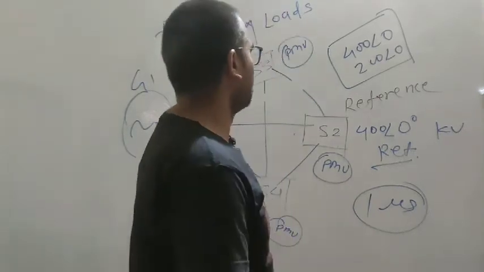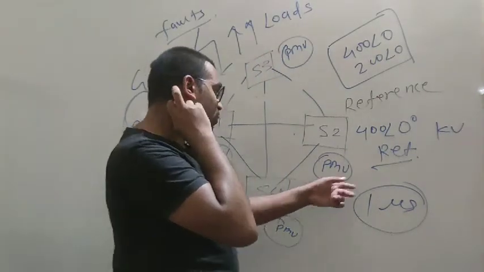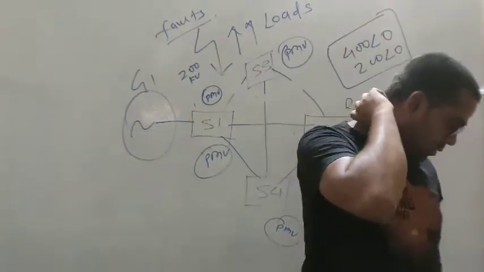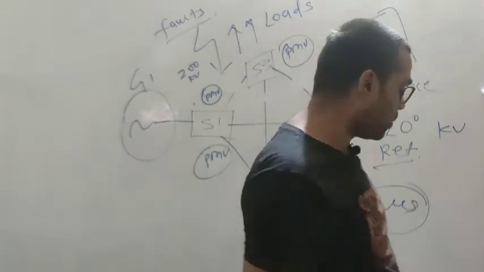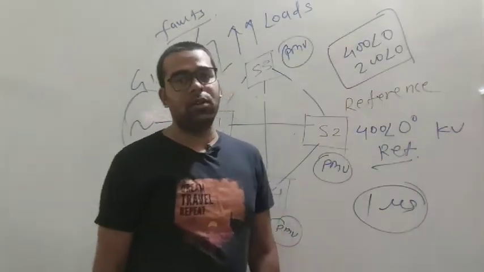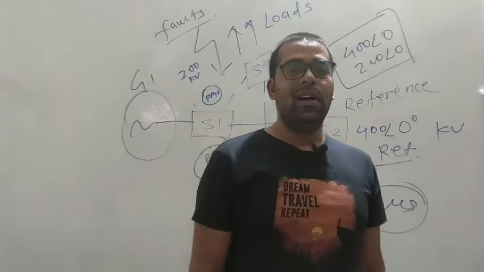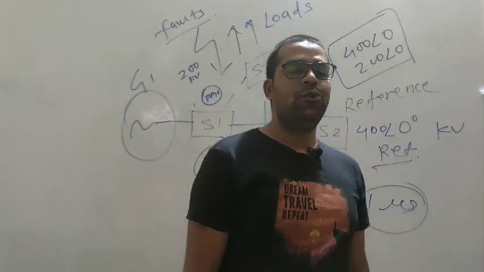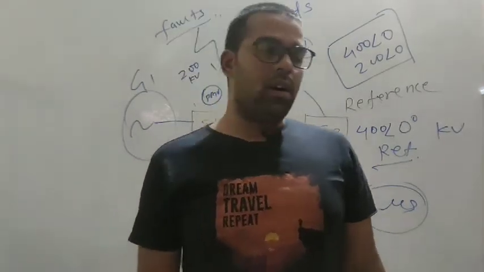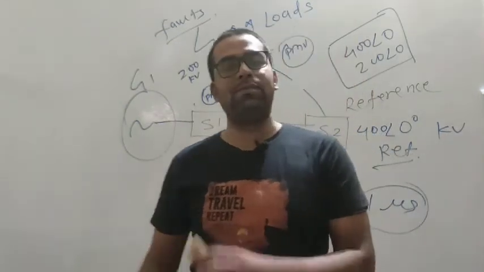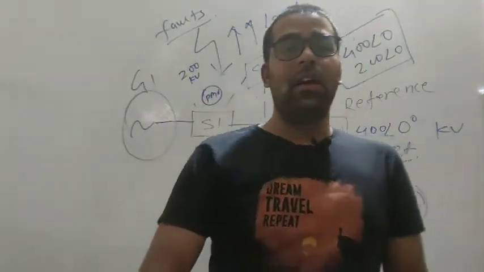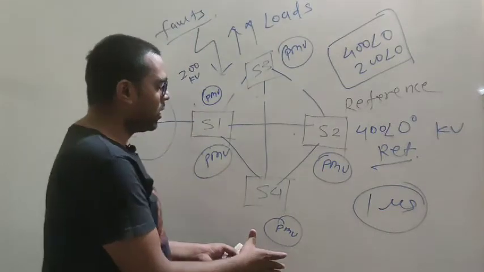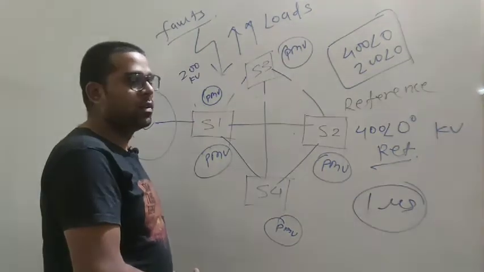This 1 microsecond accuracy is there because of your GPS signal. Do you know how the Google map works? How fast the Google map works? Like that type of accuracy, we are getting this 1 microsecond.